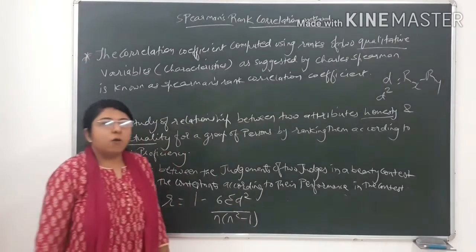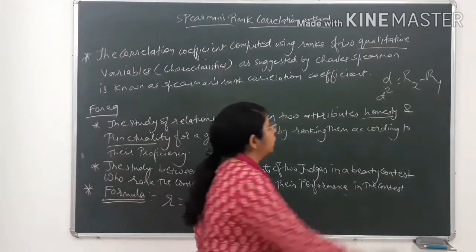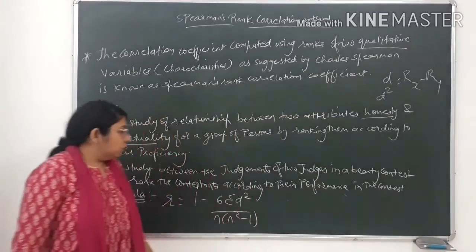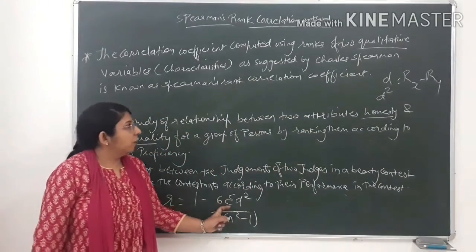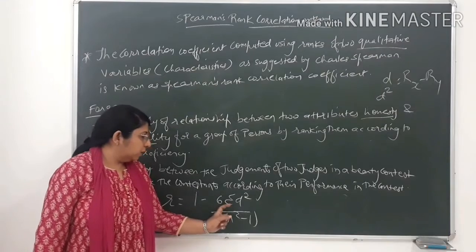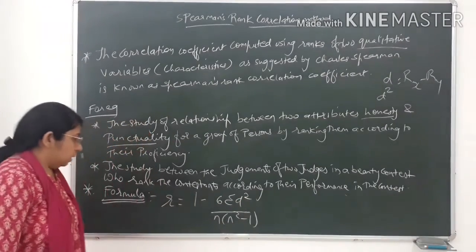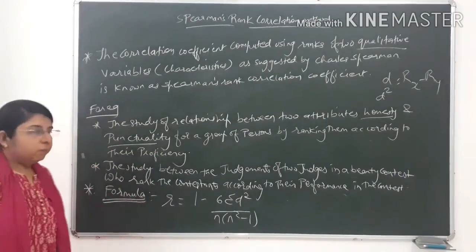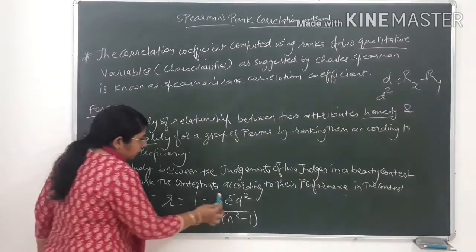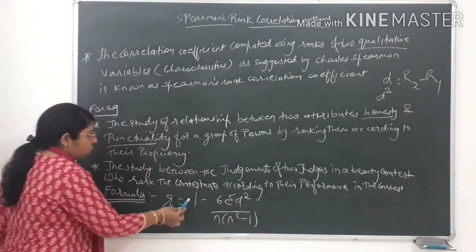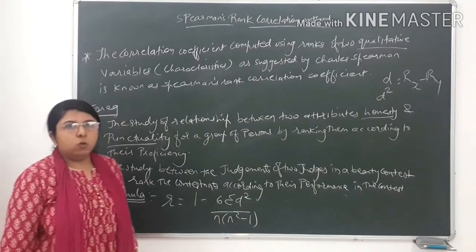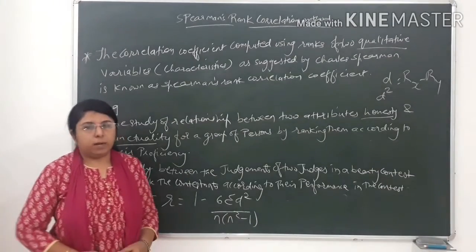It means the sum of the squared differences between the ranks of the two variables. That is the main value that you have to find out, sigma d square. And n, as you know very well, is the number of observations. So this is the one important basic formula that you have to remember: 1 minus 6 sigma d square upon n into n square minus 1.